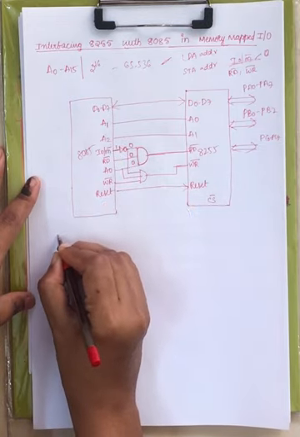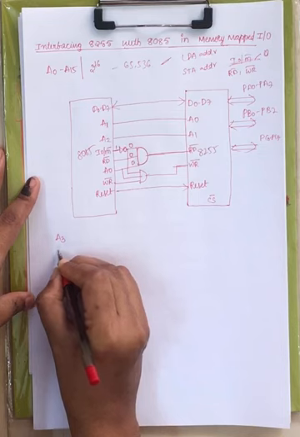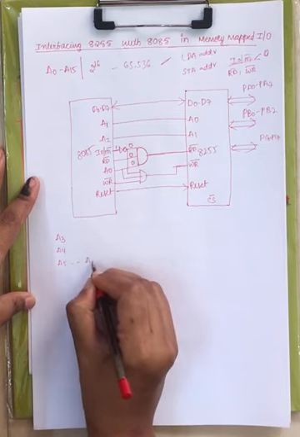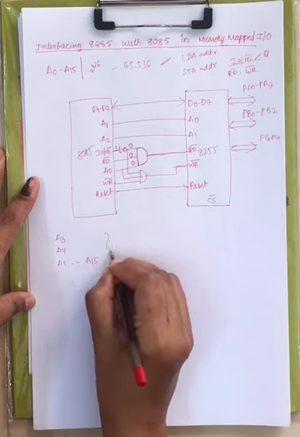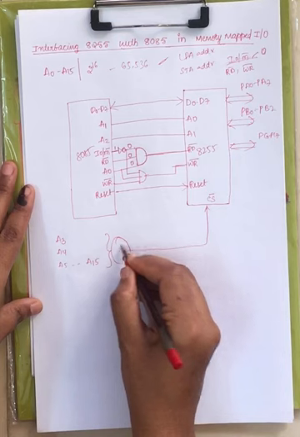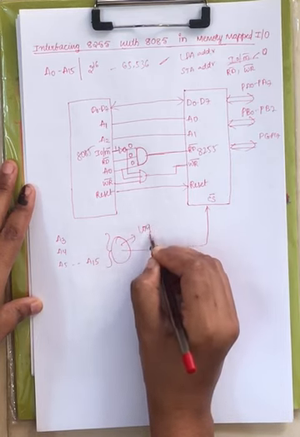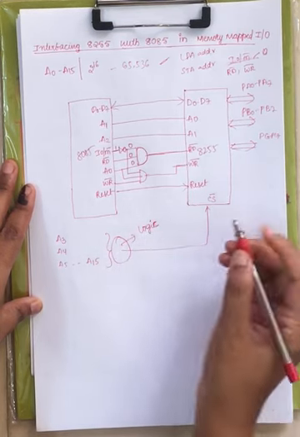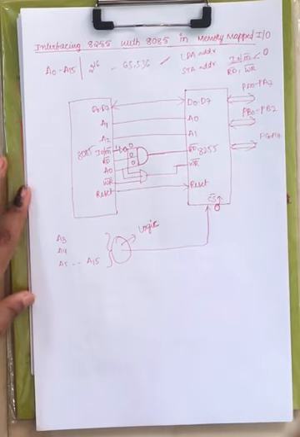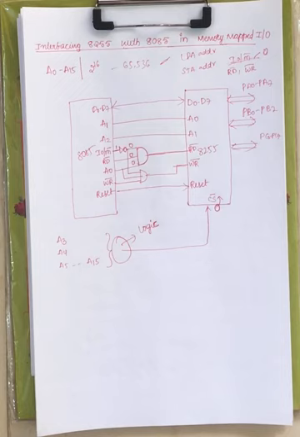Now the remaining A3, A4, A5, so on up to A15, right? Now these are used for chip selection, right? You can use any logic here such that the input to your CS bar should be 0.